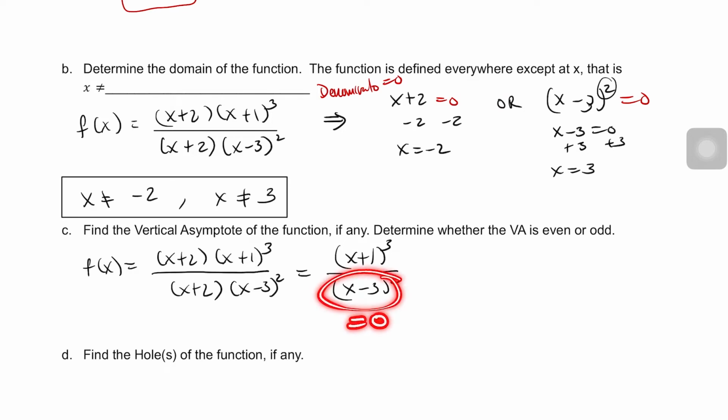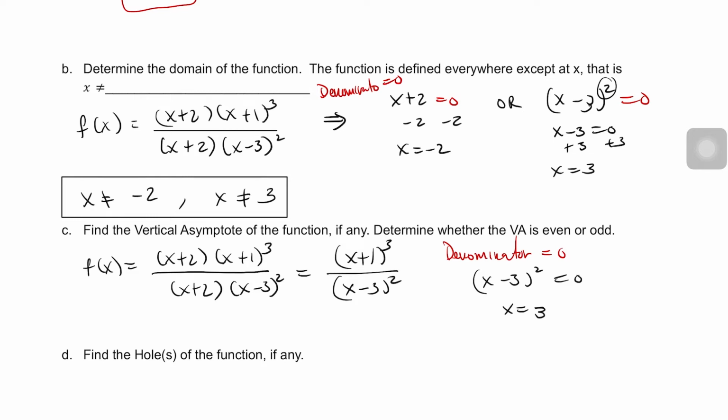There is a vertical asymptote whenever the denominator is equal to 0. That would happen when x minus 3 squared equals 0. But we already know that this is 0 whenever x equals 3, because we did that up here. So the vertical asymptote is x equals 3.